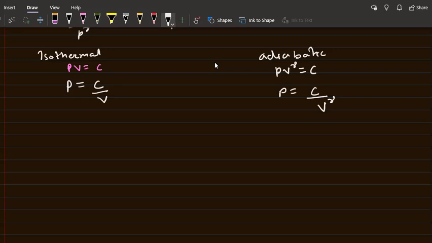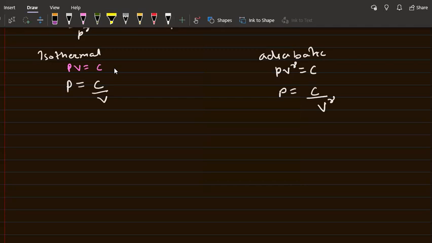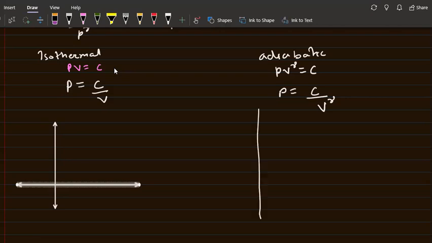Now just think about this. The graph of y is equal to 1 by x, and y is equal to x, same nature. Yes or no? The graphs of y is equal to x, y is equal to x square are of the same nature.